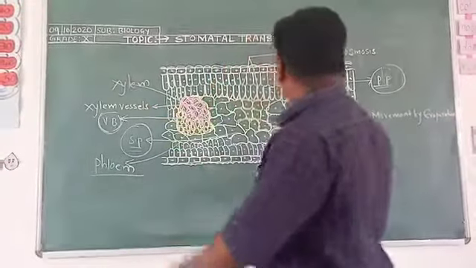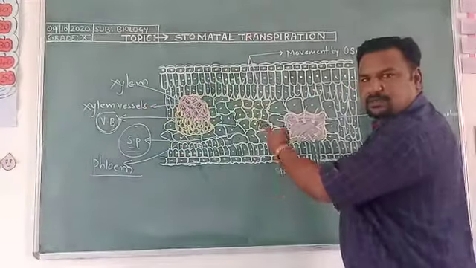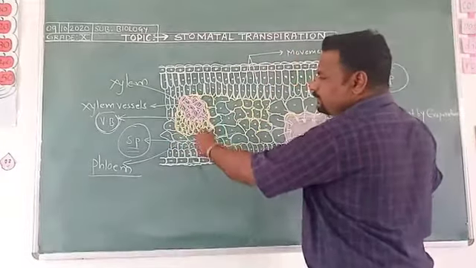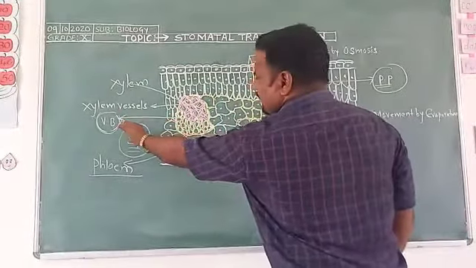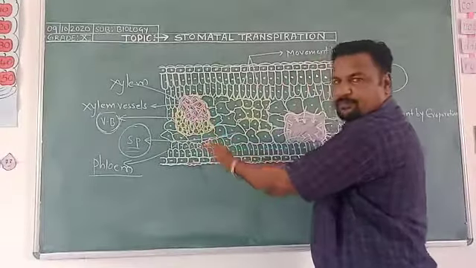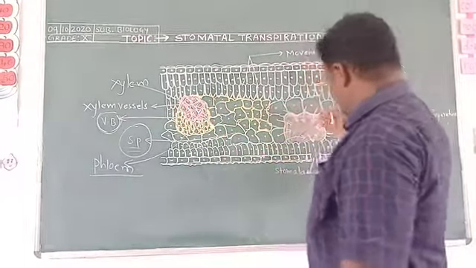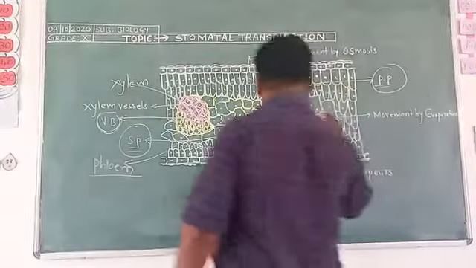So we are able to see palisade parenchyma in the cross section of the leaf, spongy parenchyma, and a vascular bundle composed of xylem and phloem, water conducting and food conducting tissue. In addition to this, we are able to see a huge air space.